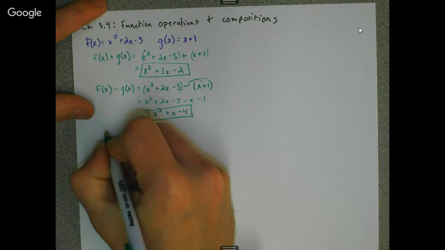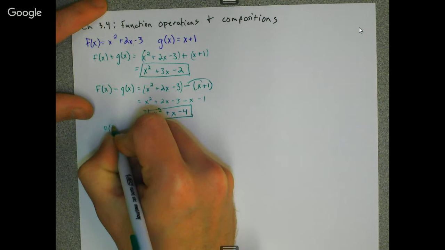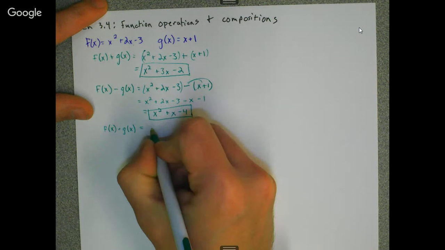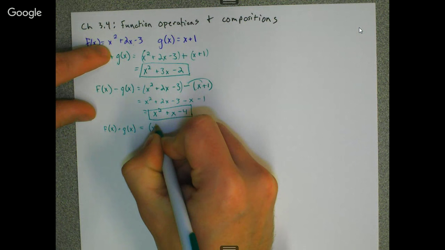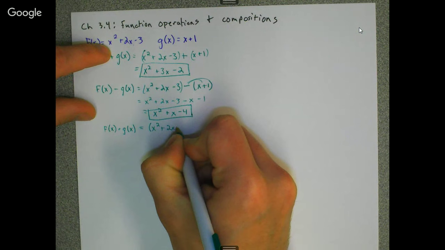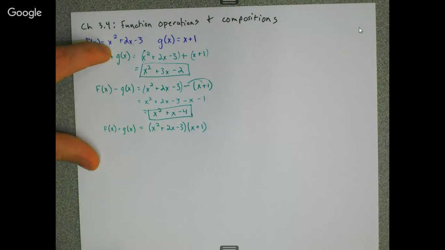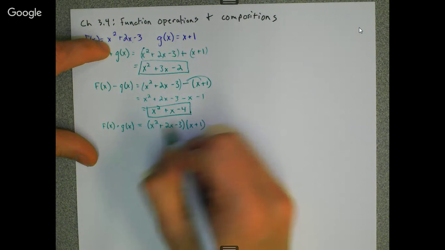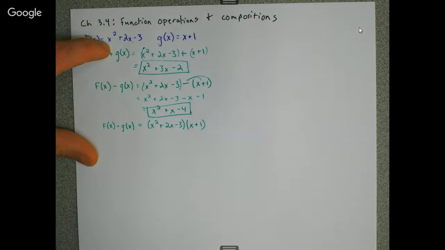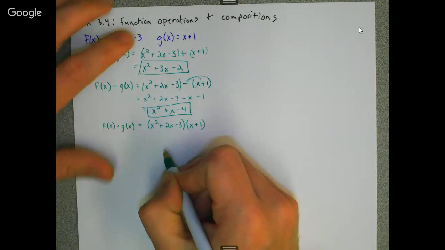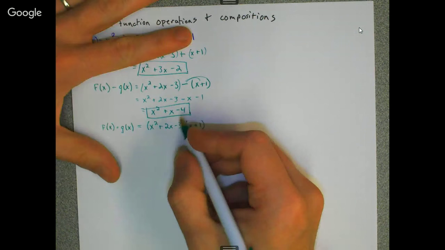So then if we do multiplication, we'll take x squared plus 2x minus 3 times x plus 1, and we will FOIL all of these out. You can FOIL, or you can stack them up and multiply that way, whatever you feel more comfortable with.